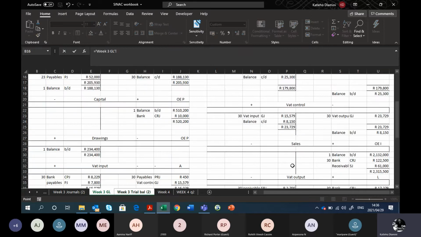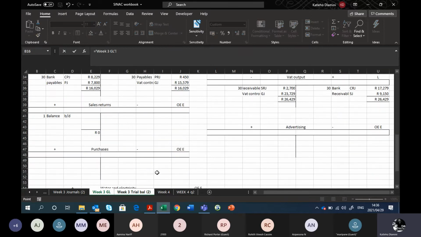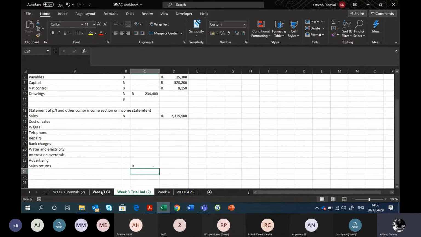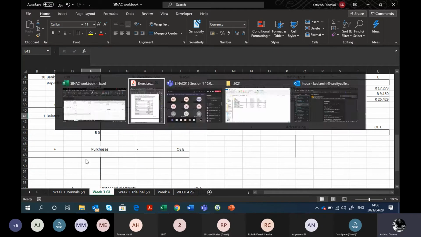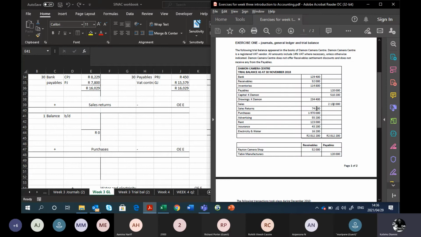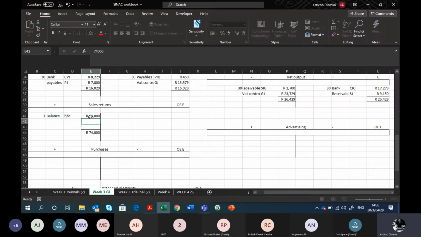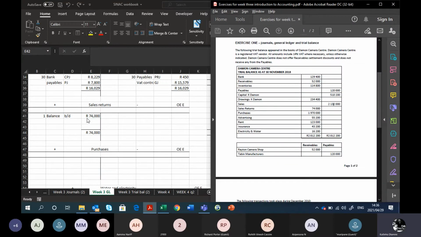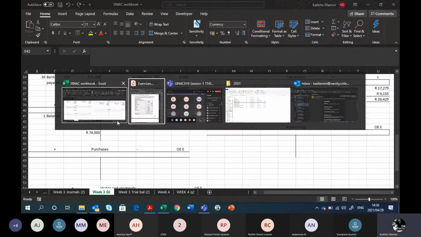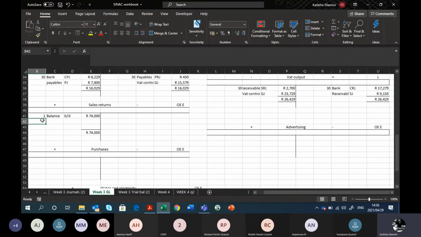I'm just gonna say equals to. Okay, I can't predict where it's gonna end off. Maybe let's say there. Like I said, we do have a balance for this. 74,000 Rand. And we do have a sales returns.